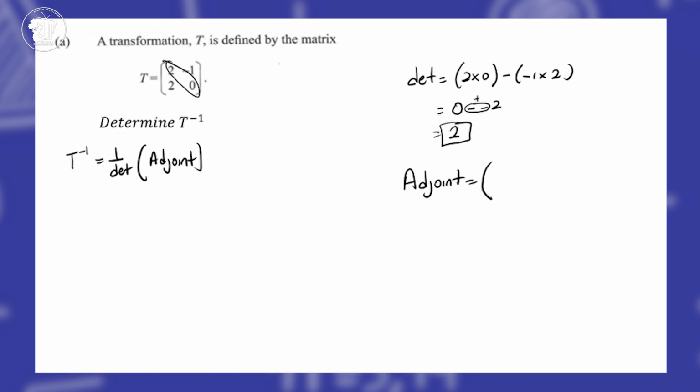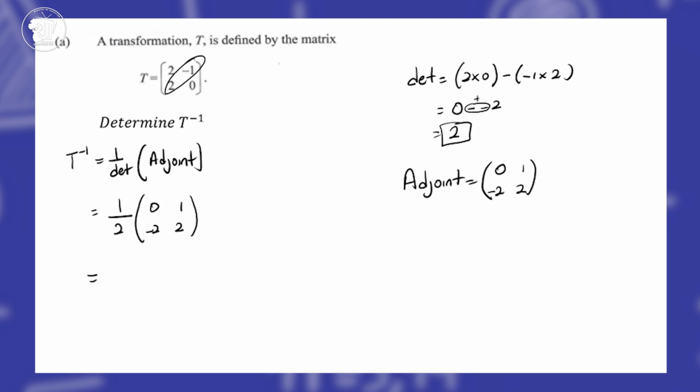For the adjoint, we switch these two, so this will be 0 and 2, and then we flip the signs of these two, so a +1 and a -2. Hence, the inverse of T is 1 over the determinant, which is 2, multiplied by the adjoint, which is [0, 1; -2, 2].